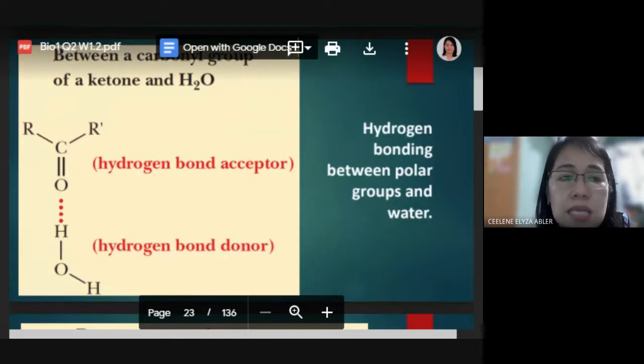So, C double bond O is actually a carbonyl group. Ketones are actually byproducts of carbohydrate metabolism. So, kapag na-digest na completely si carbohydrate, ang byproduct niya na we take as waste is the ketones.